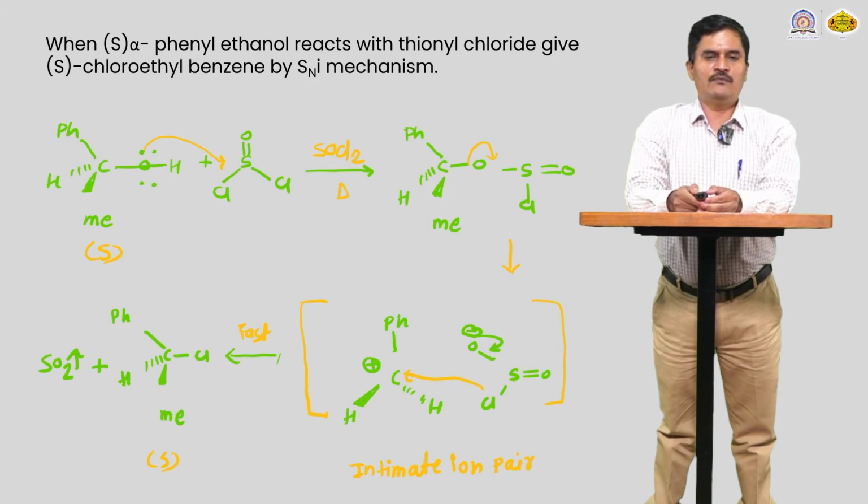If we see the mechanism, thionyl chloride first reacts with OH, and the bad leaving group OH converts into OSOCl, which is a good leaving group. Then in the next step Cl minus attacks from the same side, with removal of the good leaving group. So both steps take place from the same side, that's why there is a retention in configuration.